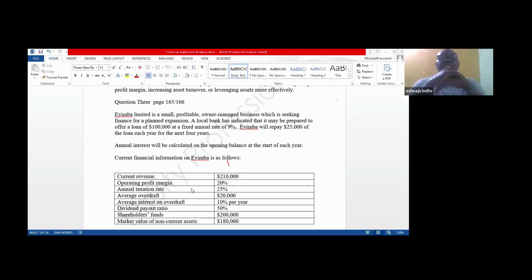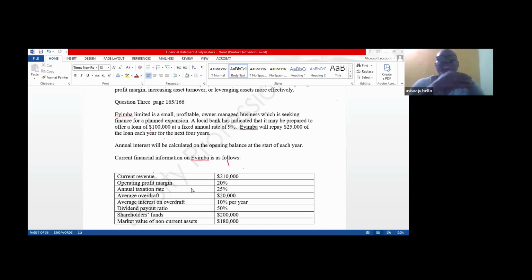Operating profit margin, 20%. Annual taxation, 25%. Overdraft, $20,000. Average interest on overdraft, 10% per year.